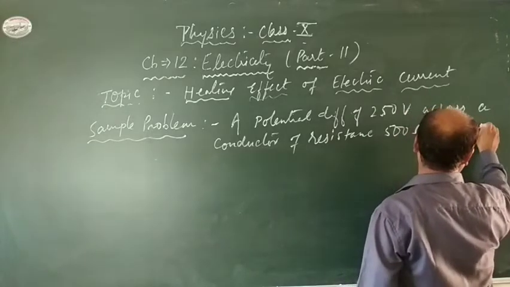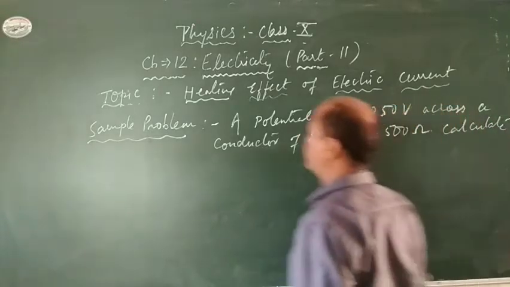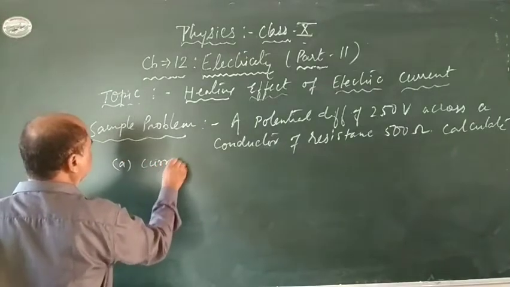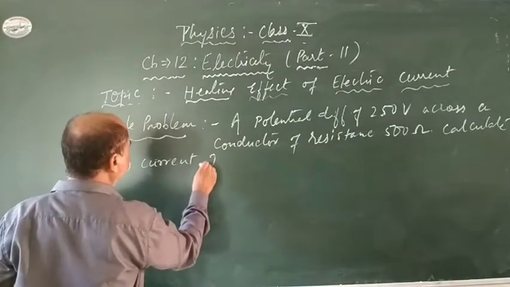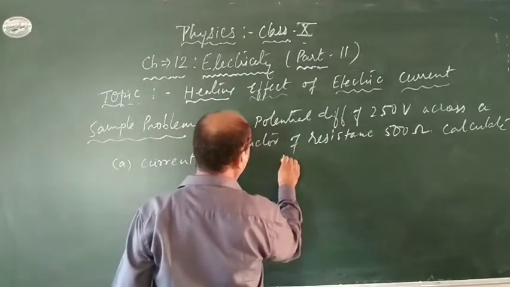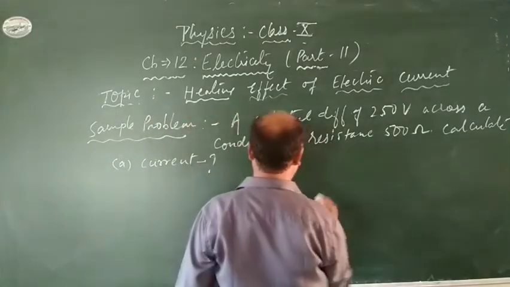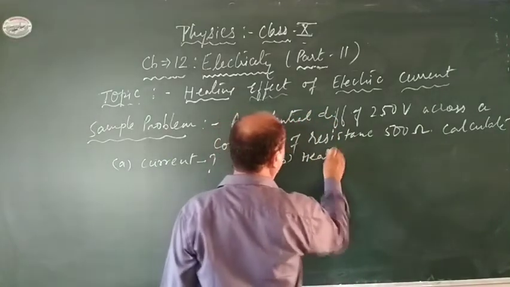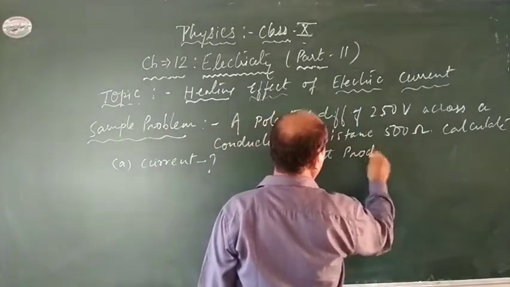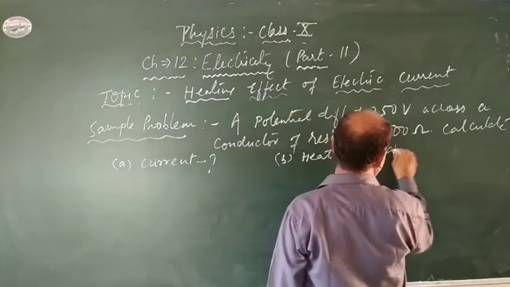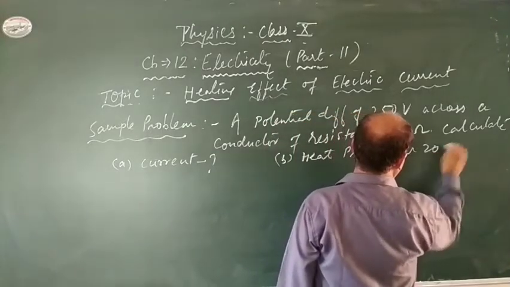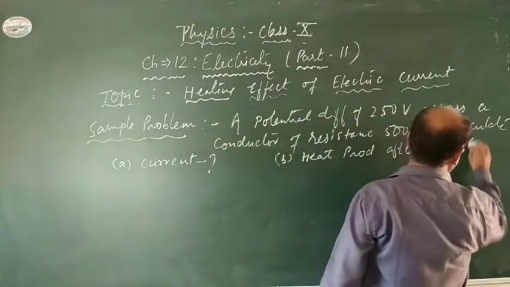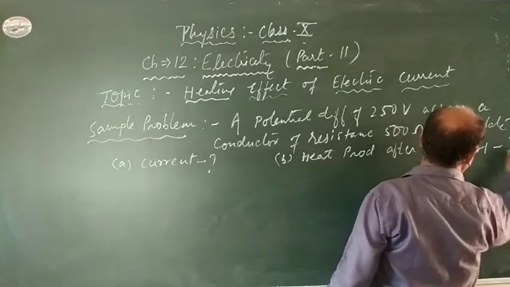Then let us calculate. Our first part is A, that is how much current is flowing, that is our question mark here. And the B part is the heat produced after 20 seconds. So these are our two findings. How much heat is produced? So our finding is H here.